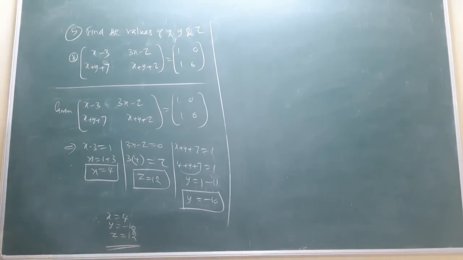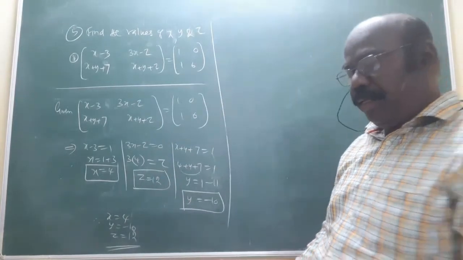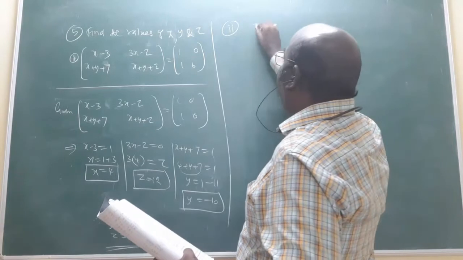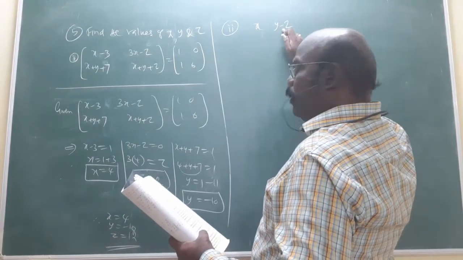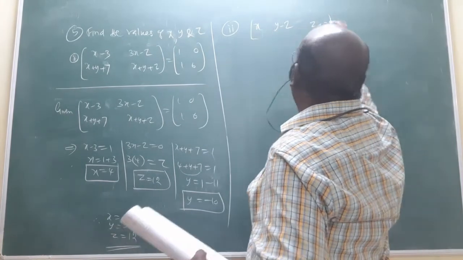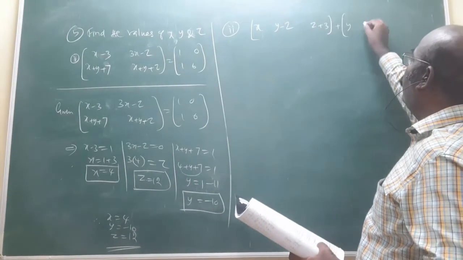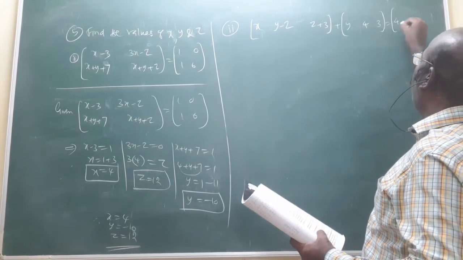Then subdivision 2, the same method. What is given? x, y minus z, then z plus 3, plus next y 4 3 equal to 4 8 16.